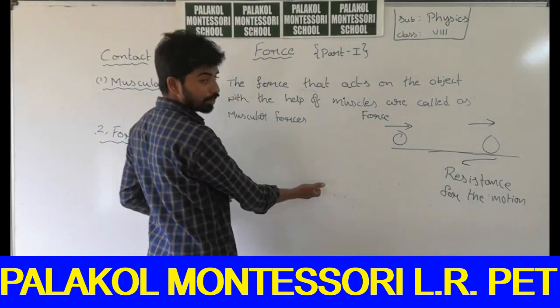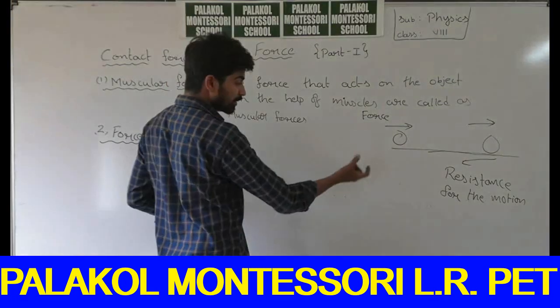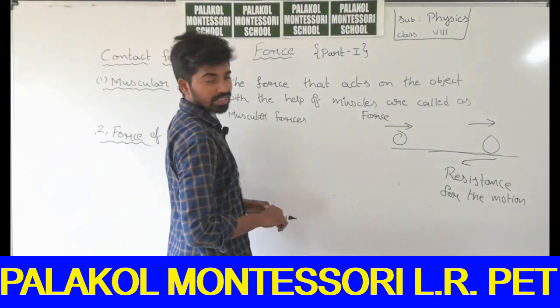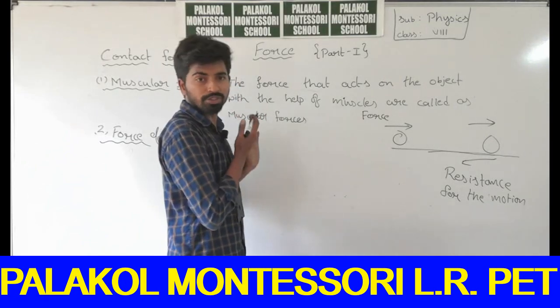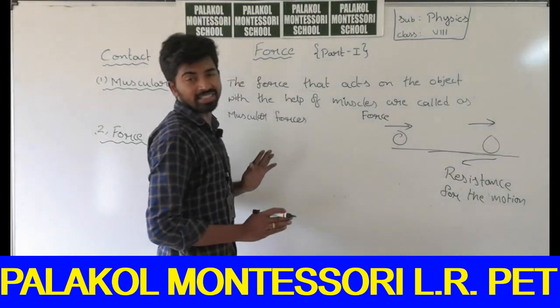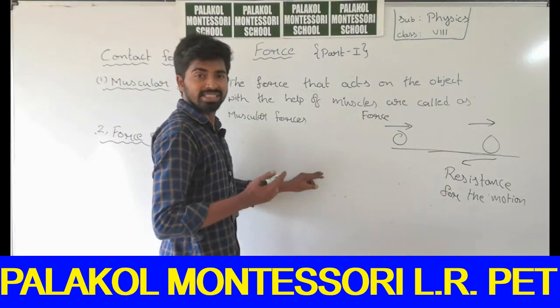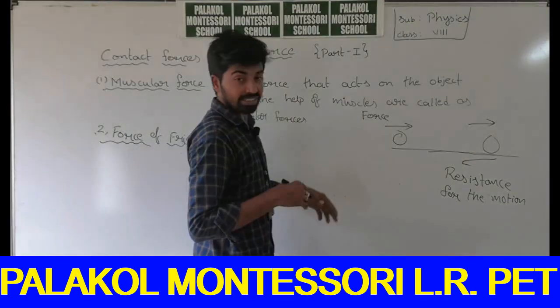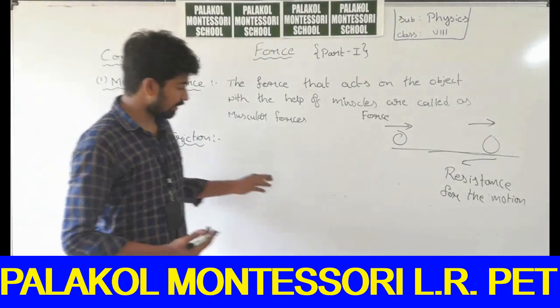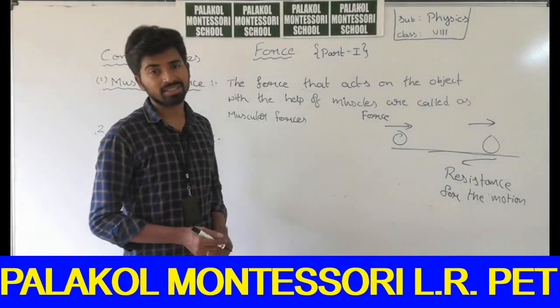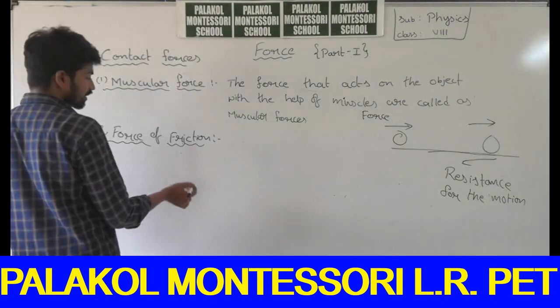In the previous example, this resistance force is different for different objects. The ice block gets less opposing force, that is why it reaches the end easily. The coin and the eraser get higher resistance force, that is why they reach the end very late.